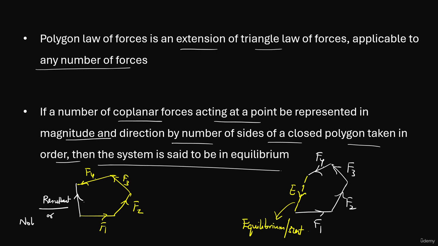Not in equilibrium. So here all these forces F1, F2, F3 and F4 can be replaced by a single force called R. That's the resultant. So when we are calculating the resultant, no such claim can be made, but when we are replacing the resultant with equilibrium, then we can say the system is said to be at rest.